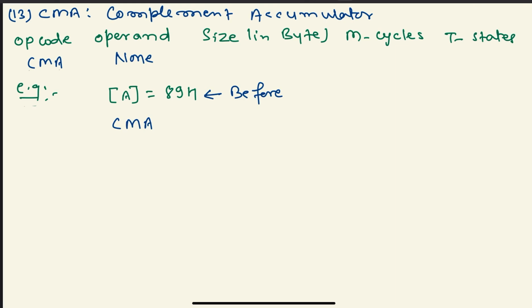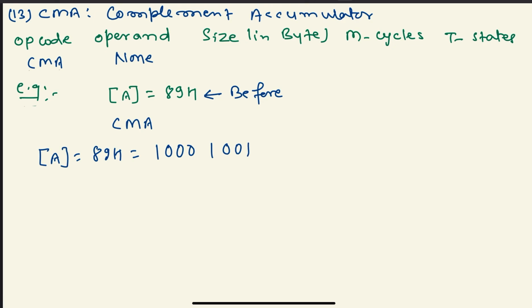This will find the ones complement of this accumulator content. So here we write the accumulator content as 89H. In binary, 8 can be written as 1000 and 9 as 1001.